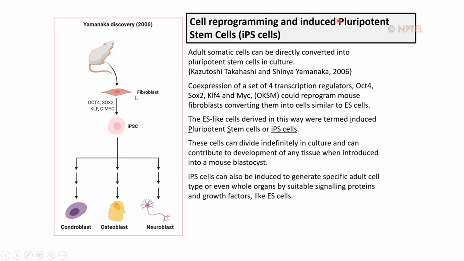Okay. The differentiated cell, that is a somatic cell, can also be converted into a stem cell by using a set of transcription regulators such as OCT4, SOX2, KLF4, and c-MYC. These are the four transcription regulators which, when expressed, convert the somatic cell, that is the fibroblast, into an induced pluripotent stem cell. And these cells can differentiate into various types of cells such as chondroblast, osteoblast, as well as neuroblast.